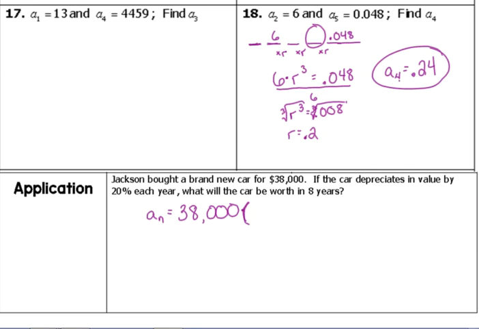80%. Okay, so the common ratio here is actually the 0.8 because this is representing how much the car is worth. The 20% is how much it's losing. The 80% is how much it's keeping. Okay, to the n minus 1. So if we want to know after 8 years, then we're plugging in 8 into this formula.